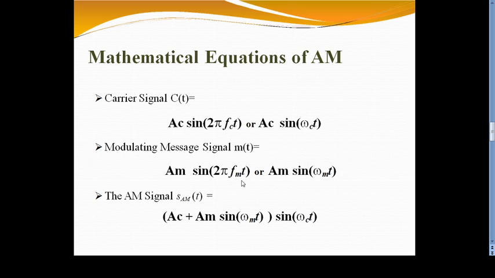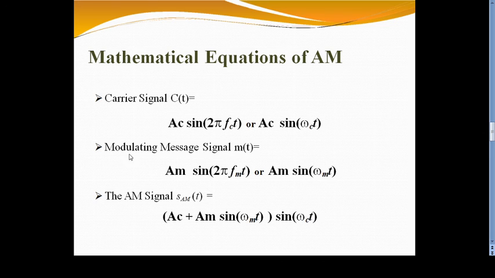Now the mathematical equation or representation of an AM signal. The carrier signal, denoted by c(t) in the time domain, is Ac sin 2 pi fc t, or Ac sin omega c t, where Ac is the amplitude of the carrier signal, fc is the carrier frequency, or omega c.